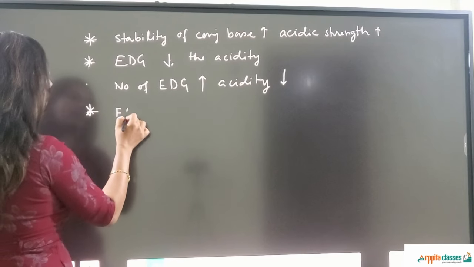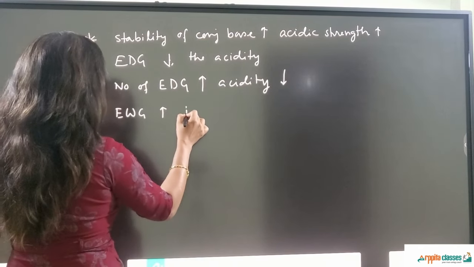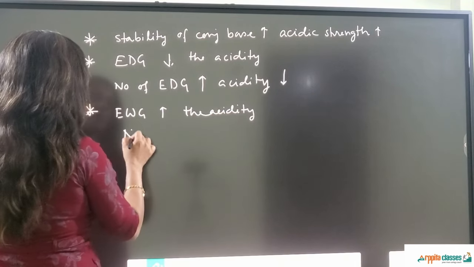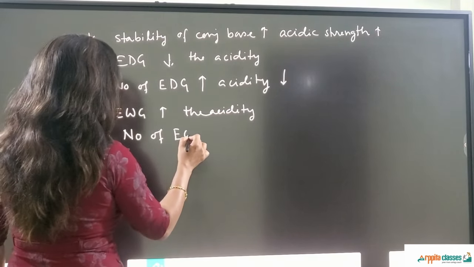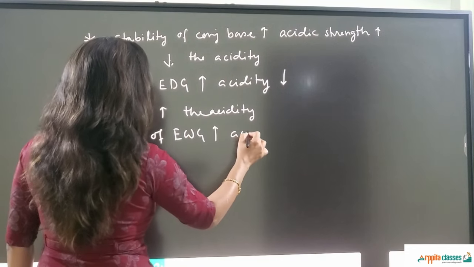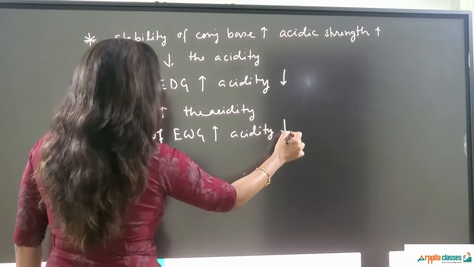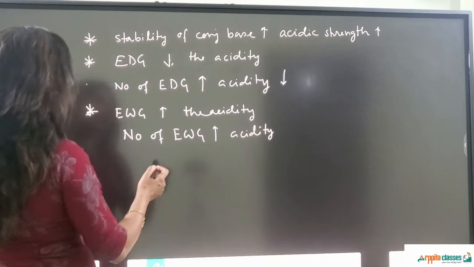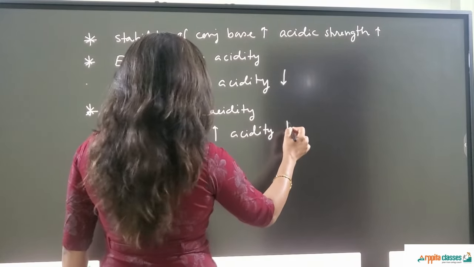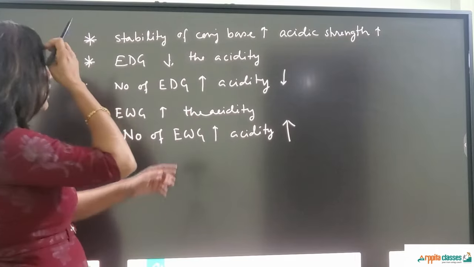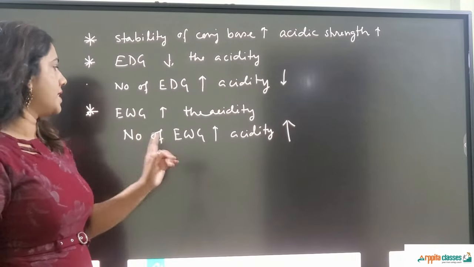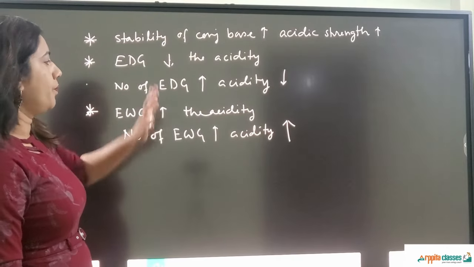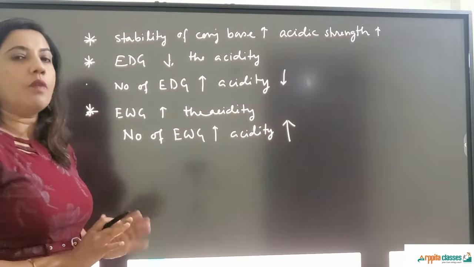Another point is that an electron withdrawing group increases the acidity. As the number of electron withdrawing groups increases, acidity increases. Here, as the number of electron donating groups increases, acidity decreases. Yes, as the number of electron withdrawing groups increases, acidity increases.